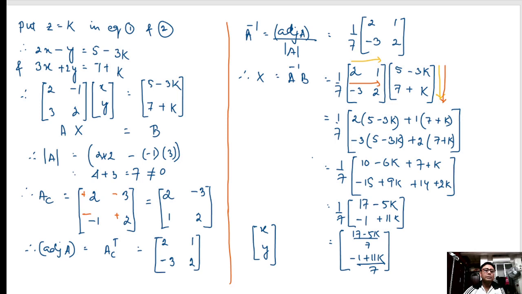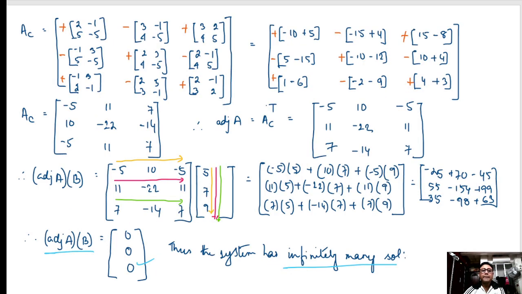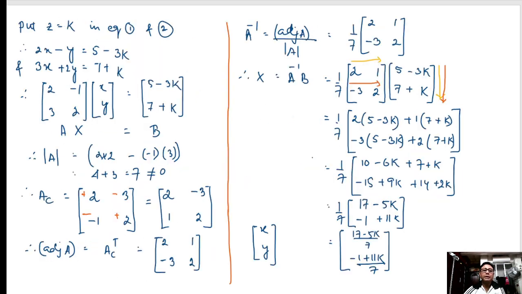So now the first equation becomes 2x minus y equal to 5 minus 3K. Second equation becomes 3x plus 2y equal to 7 plus K. Now again see, it is a 2 by 2 matrix.